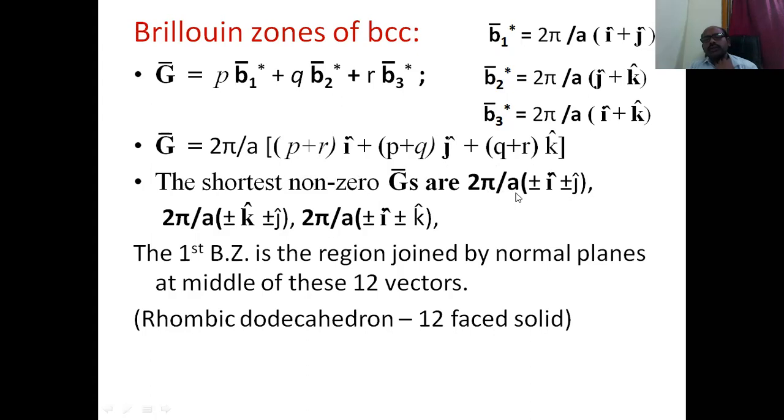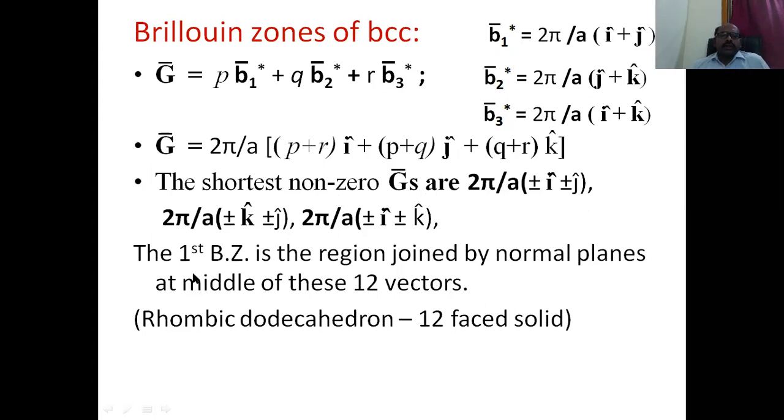There are 4 vectors: 2 pi by a i cap plus j cap, 2 pi by a i cap minus j cap, 2 pi by a minus i cap plus j cap, and 2 pi by a minus i cap minus j cap. Similarly, 4 more here and 4 more there. So we have 12 shortest non-zero G vectors.